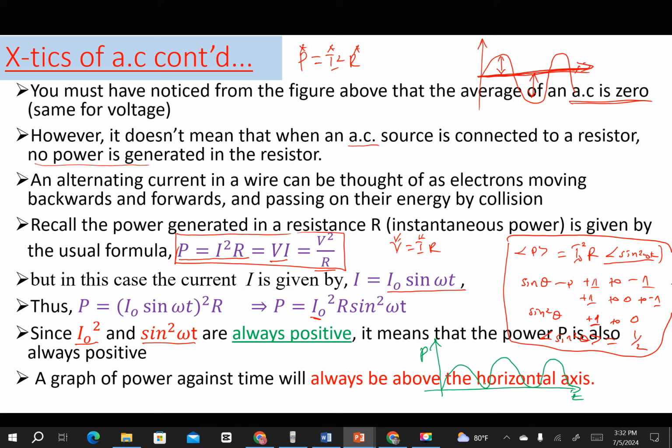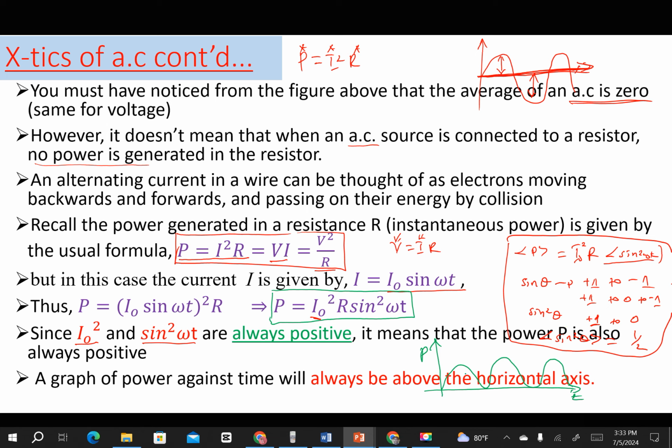So the power at a given time t for alternating current is given by power equals I naught squared R sine squared omega t. So that means it varies. But the power will never be below the x-axis because sine squared theta is always positive in the first place.